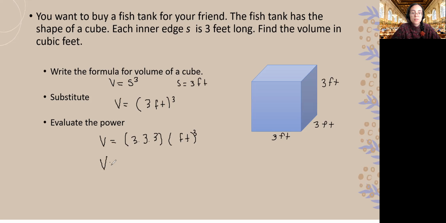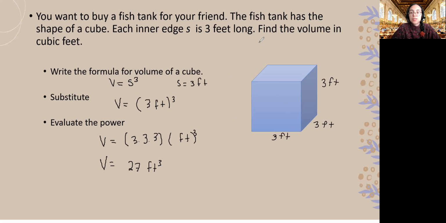Okay, so now I carry out my multiplication. So this will be 3 times 3 is 9. 9 times 3 will be 27 feet cubed. And this is the volume, or the amount of space that this cube or this fish tank will take up in 3 dimensions. Okay, so hopefully that made sense.